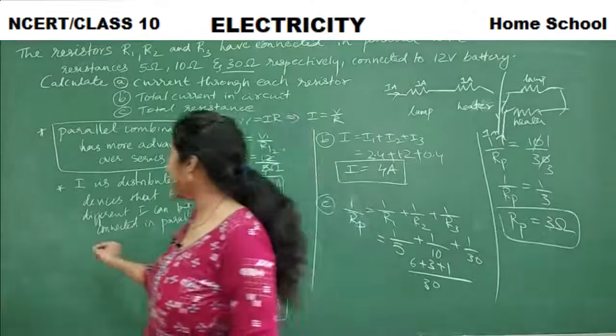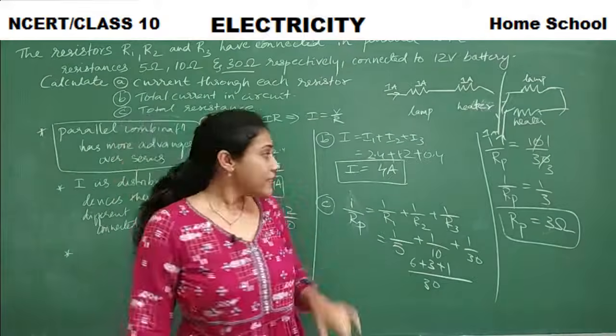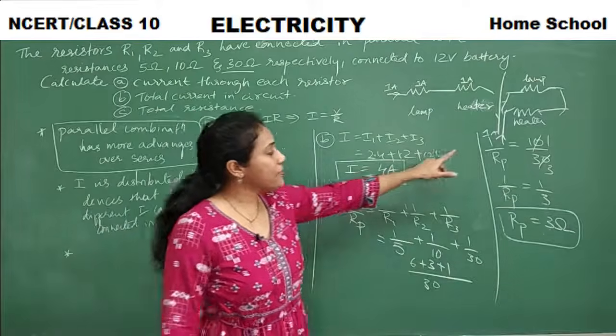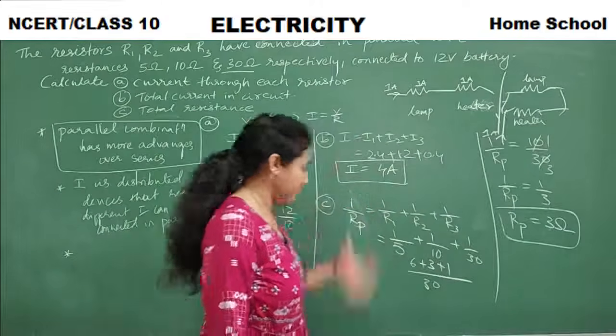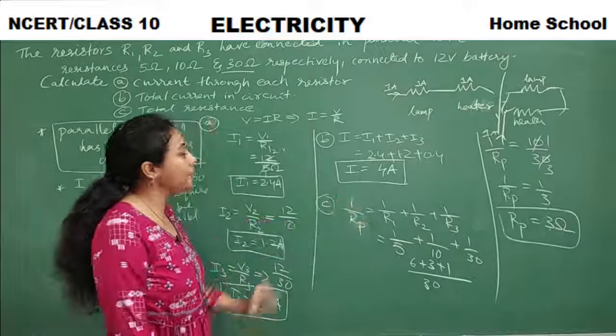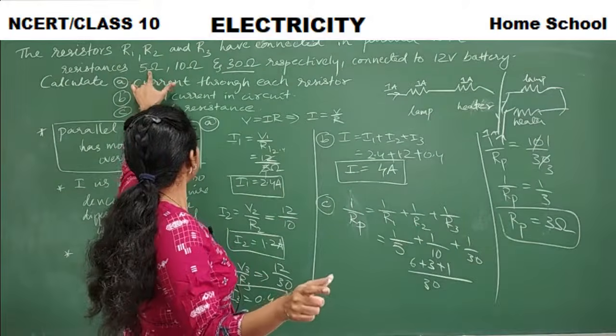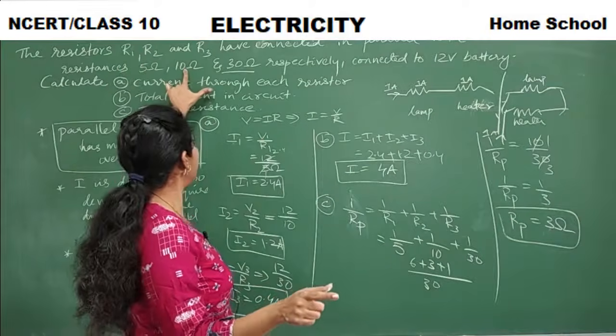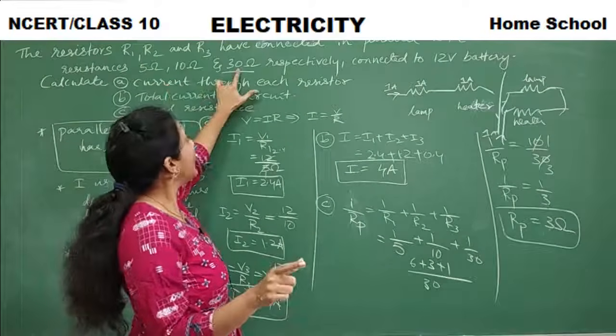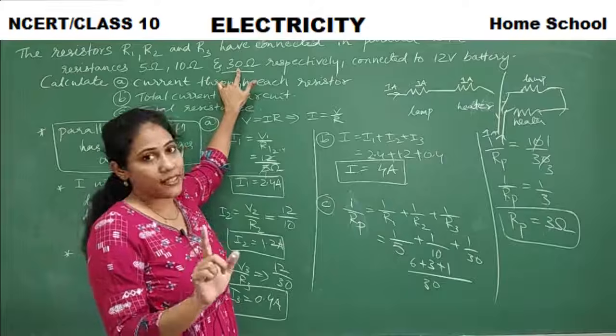And another one is, see the total resistance in a parallel combination. Compare this problem only. Individual resistances of the resistors you see here: the first resistor has 5 ohms, the second has 10 ohms, the third has 30 ohms, isn't it?